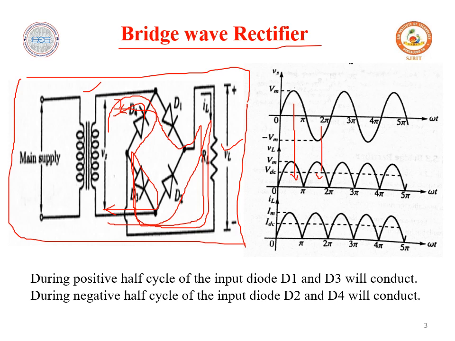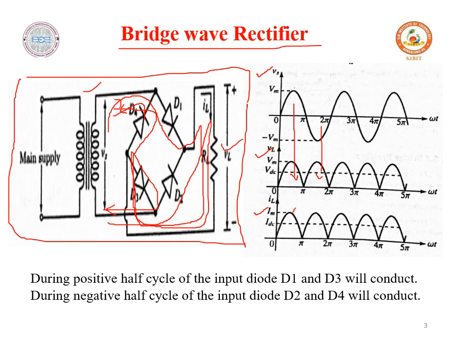For the supply voltage, we are going to get the load voltage and load current. In the load voltage, we are considering the maximum voltage as Vm and the DC voltage as VDC. In the current, the maximum current is Im and the DC current is IDC.